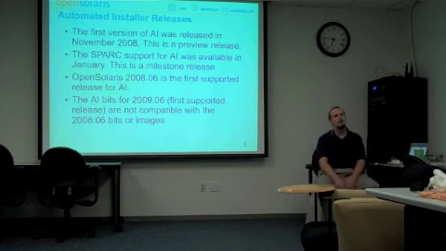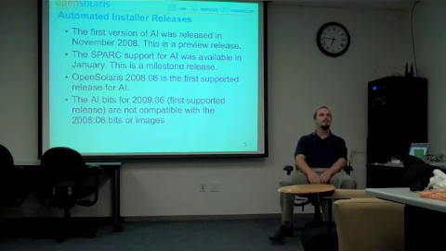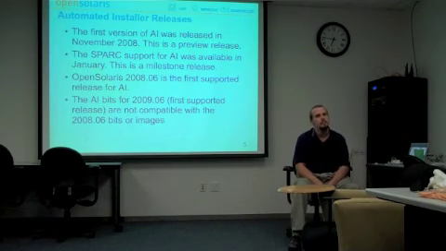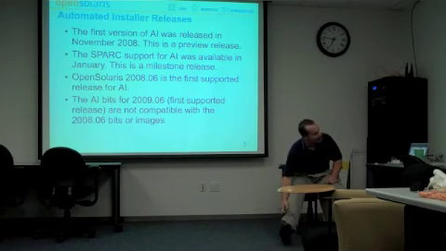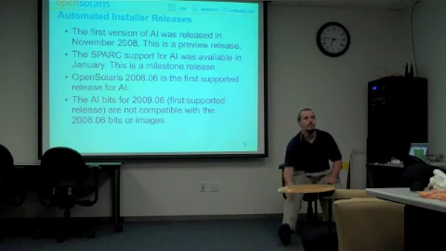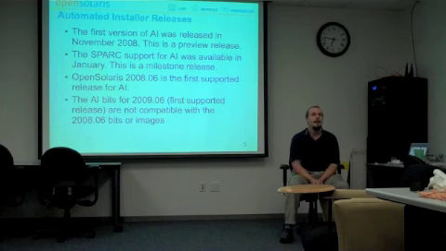Travis, I have a question. Yes, sir. Was the automated installer part of Opensolaris from the beginning, or is it something new that's coming? The first release of the automated installer was actually in the 2008.11 release. So that answers your question, Paul.